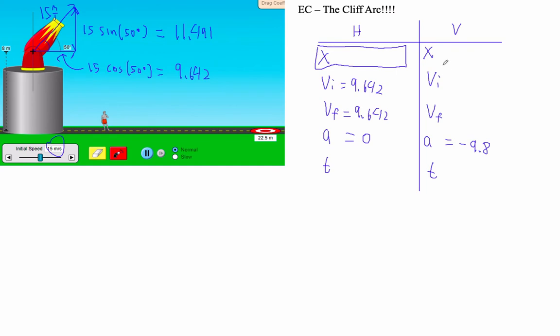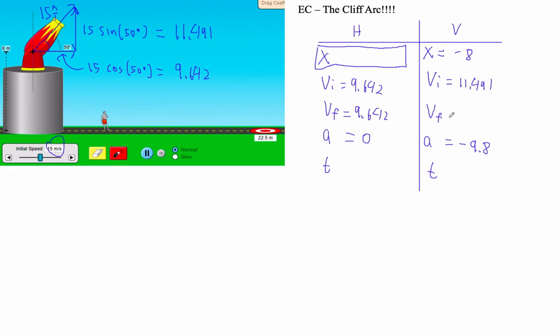Okay, and then we know on the vertical side that the displacement is that we start at 8 and we're going to end up at 0. So we go down 8, negative 8. We know that the initial velocity is 11.491.